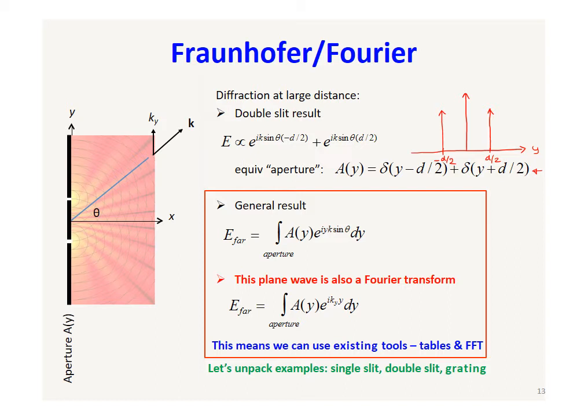If you're really keen, then you might have noticed that these delta functions and this electric field are actually a Fourier pair. I can make it even clearer by rewriting this k sine theta as ky. Ky is simply the y component of the wave vector.